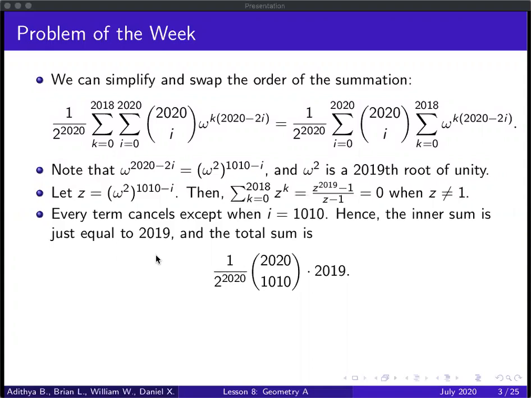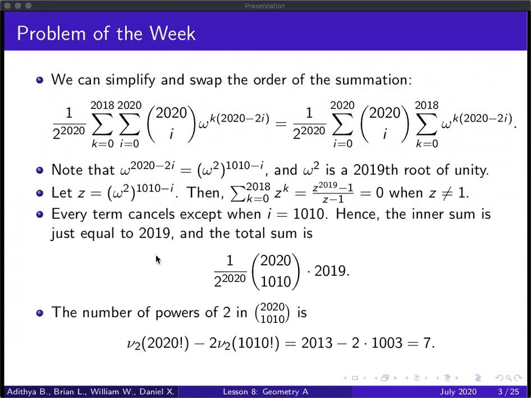So using some standard tricks, we just get that there are 2013 powers of 2 which divide 2020 factorial, and 1003 which divide 1010 factorial. So 2020 choose 1010 has 7 factors of 2 in it, and 2019 has 0. So the numerator is 2019 times 2020 choose 1010 all over 2 to the 7th.